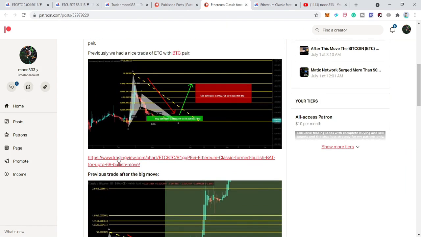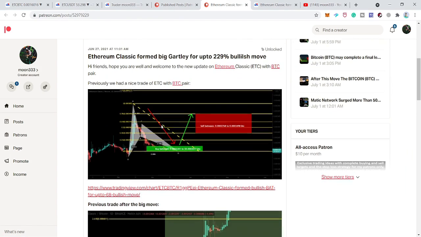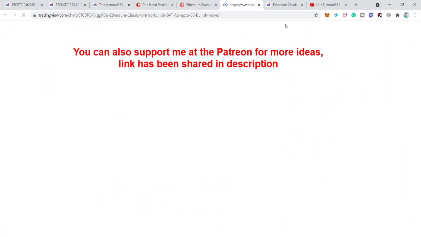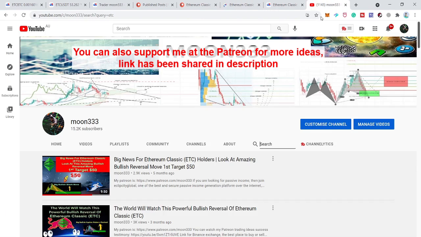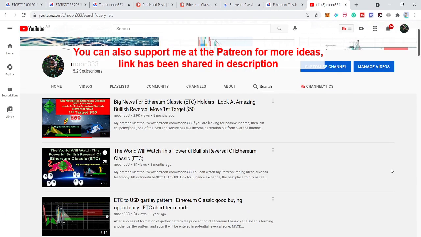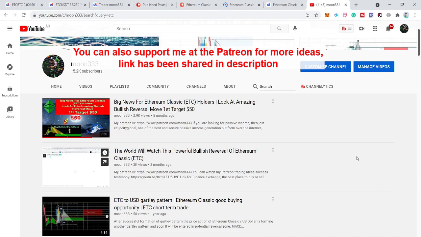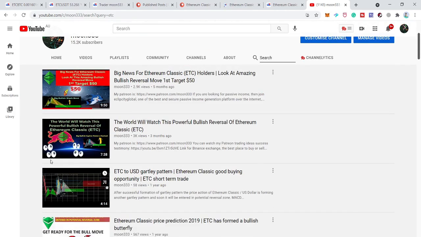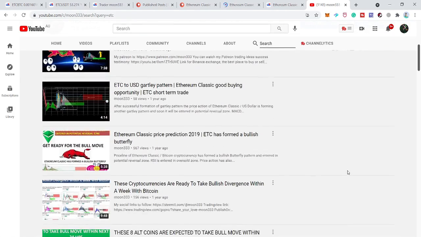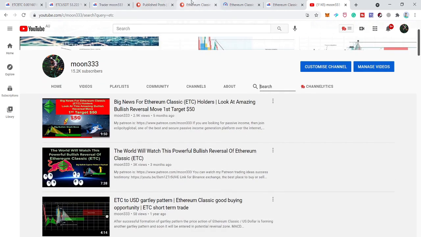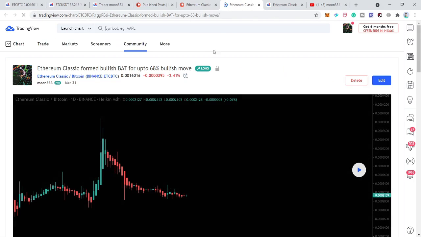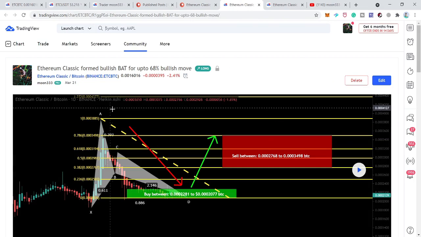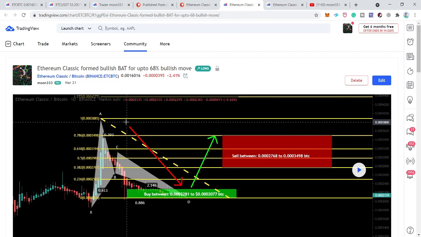And this was the chart that I shared on 21st of March, and this is the link for the chart. And I also shared a video with you guys as well, not on the current move, on the previous move. This was the move when it completed this harmonic move here and here as well. And I was predicting up to $50, but it rallied even up to $180. And you can see that this was the bullish bat pattern against the Bitcoin, and I'm just going to play the chart.